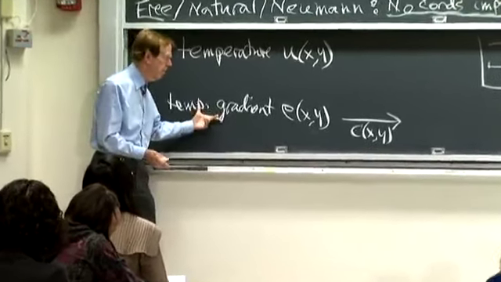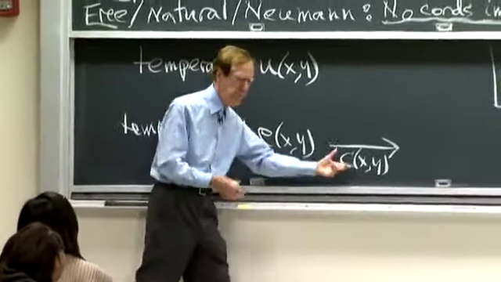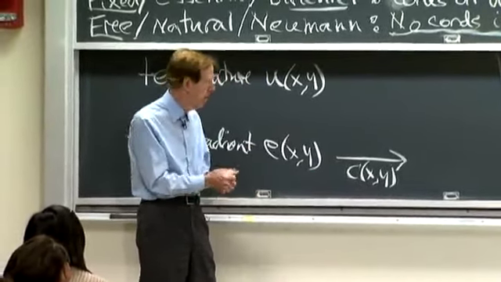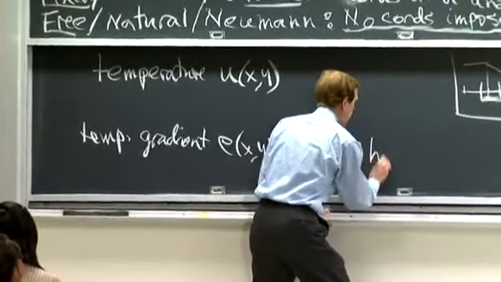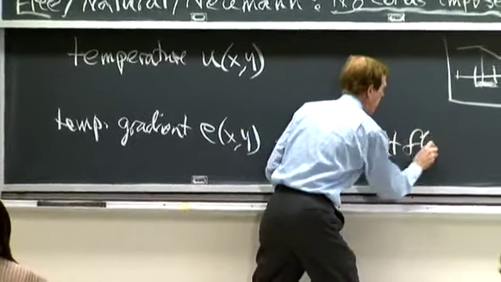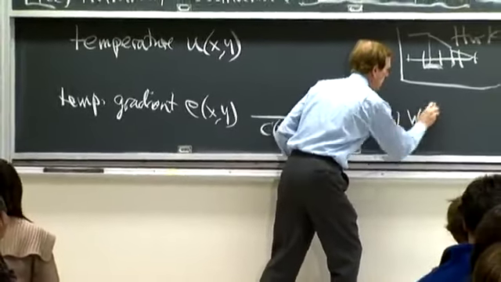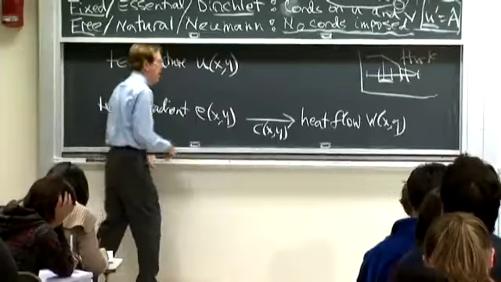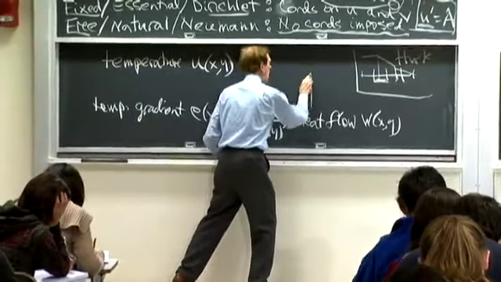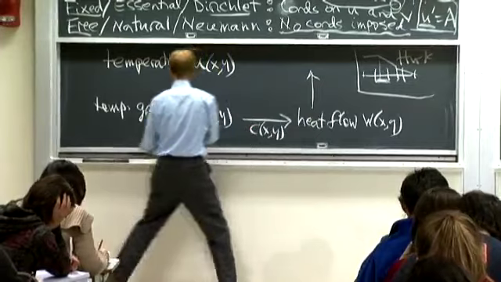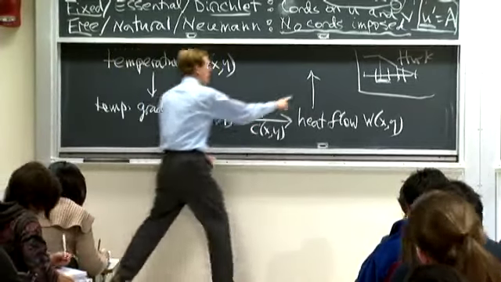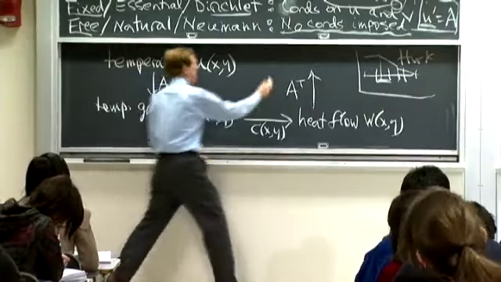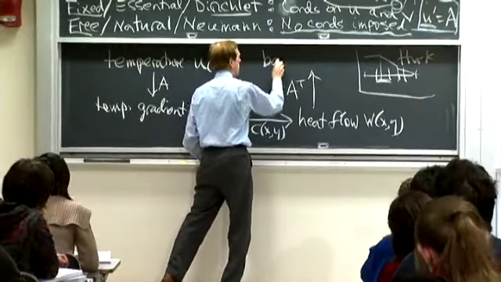This thing should be a temperature gradient. Then I should have some physical thermal conductivity, different for different metals or different materials. And I'll have a heat flow, W of x and y. And everybody knows that W will be C times E. And then there will be some A transpose. So, of course, there'll be some A transpose here and some A here. And up here I'll have a balance equation.